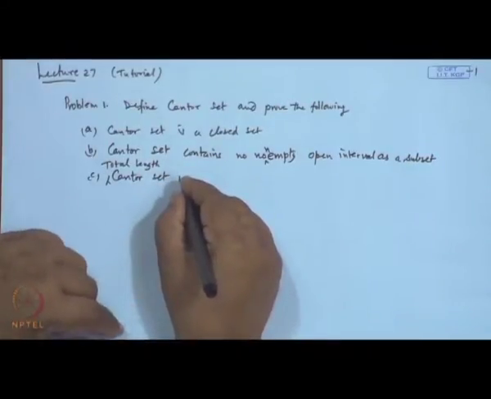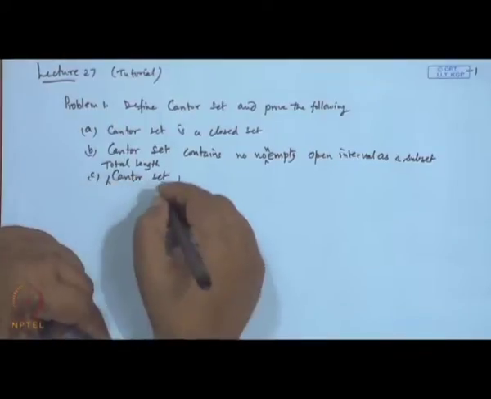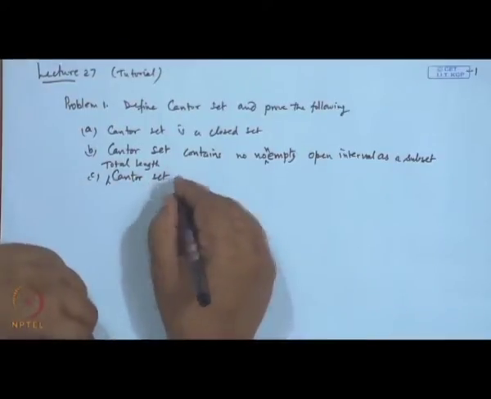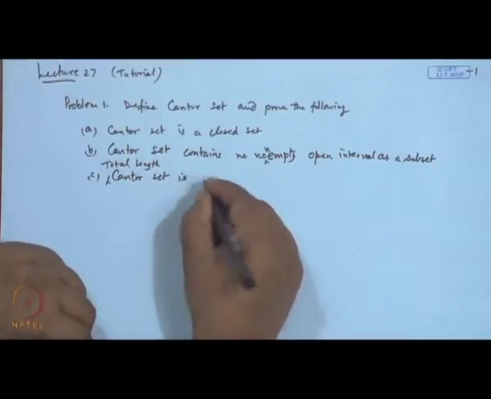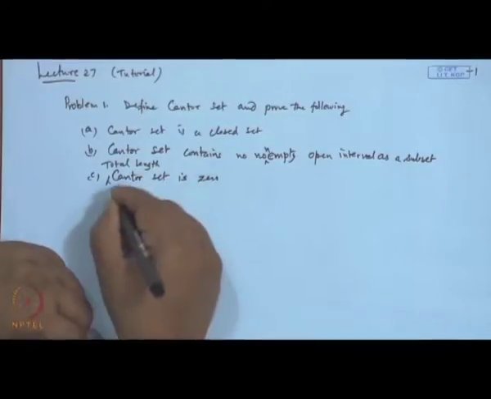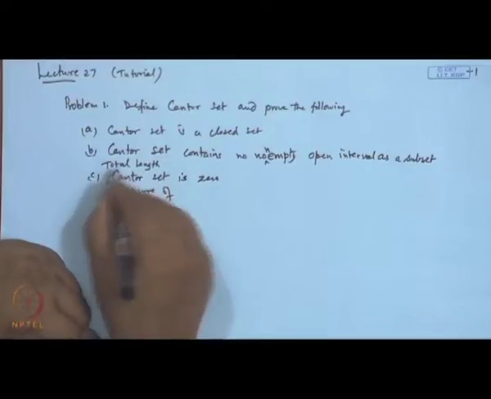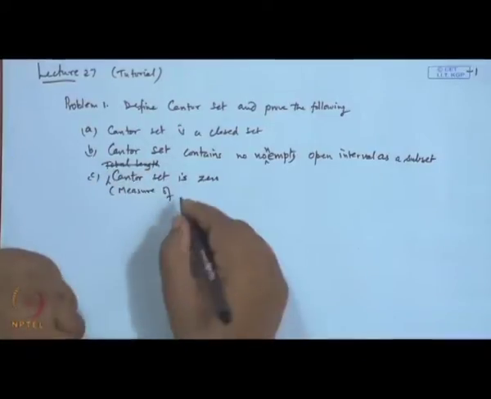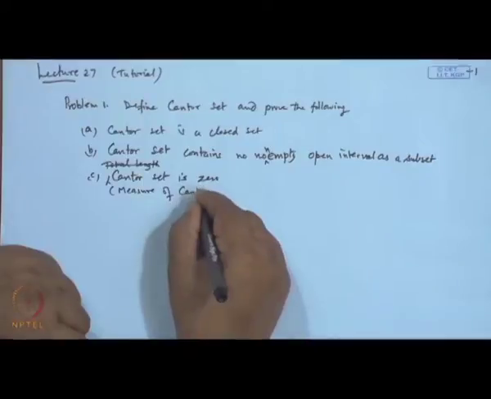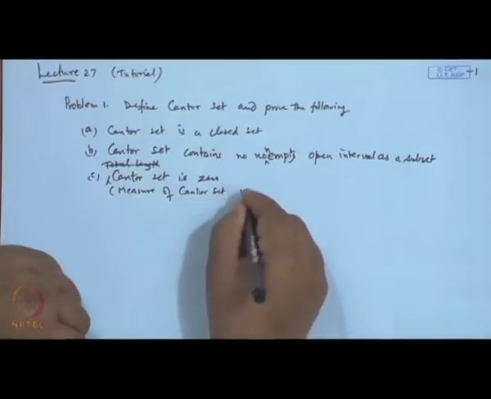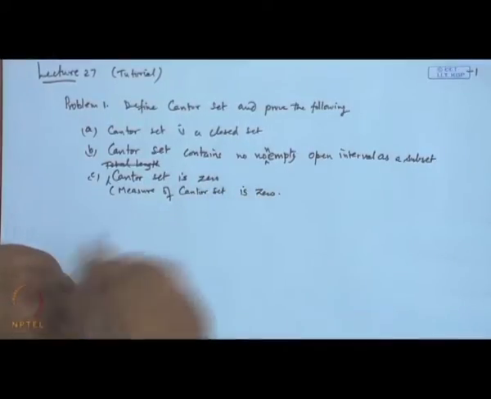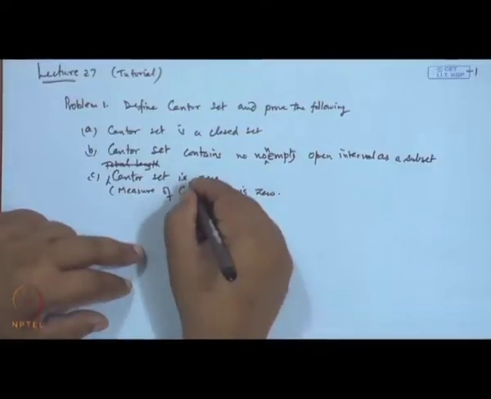In fact, the measure of the Cantor set is 0. Instead of saying total length, we will just say the measure of the Cantor set is 0, that is, the Cantor set has length 0.